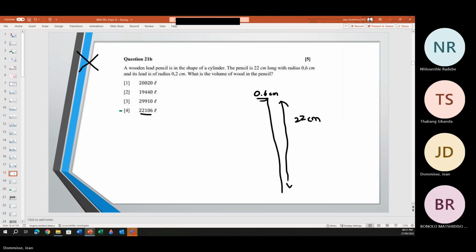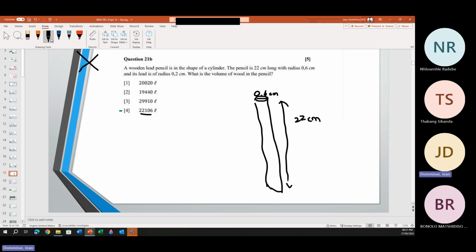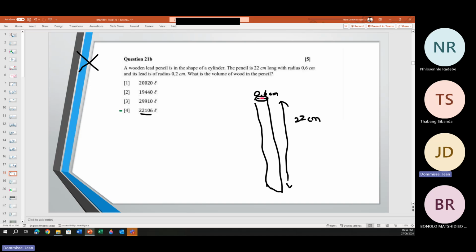So there's the pencil, not very nicely drawn, but the head is. And then they say in the middle of that pencil, there is the lead component, and that lead component has a radius of 0.2. So that one is radius 0.6, and that is radius of 0.2. What is the volume of wood in the pencil?